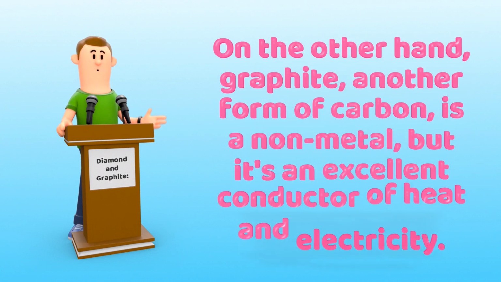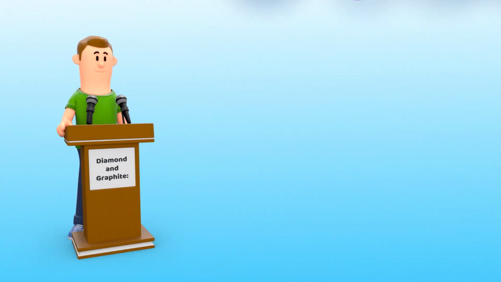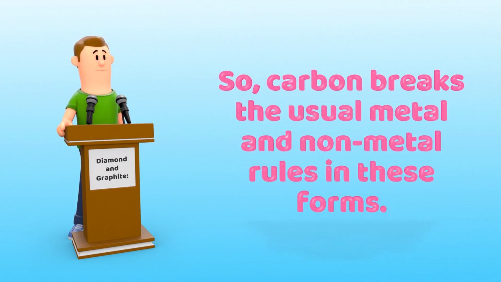On the other hand, graphite, which is another form of carbon, is a non-metal, but it is an excellent conductor of heat and electricity. Therefore, as we have seen from the previous slides, carbon breaks the usual metals and non-metals rule in these forms. They behave just like metals.